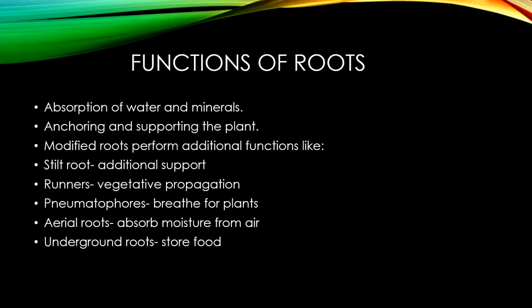This is important because such plants grow in marshy places, so the roots grow above the soil in order to breathe. The next type is known as aerial roots, which we have seen in the banyan tree. Such roots are important because they absorb moisture from the air.